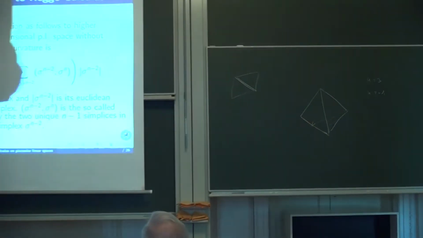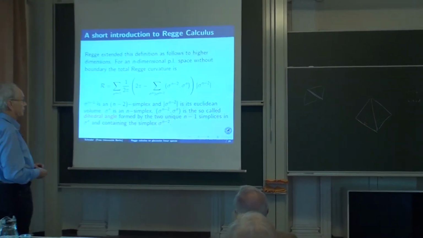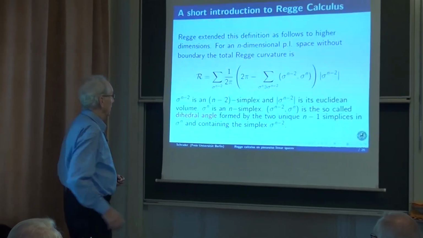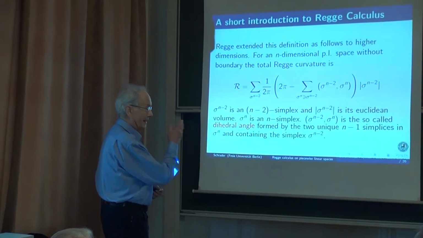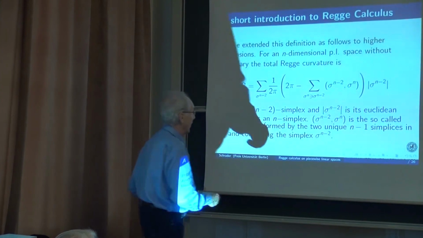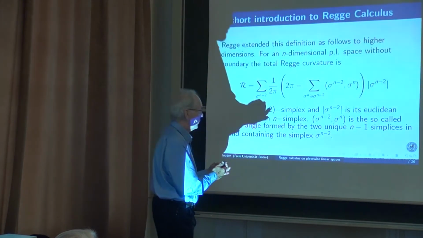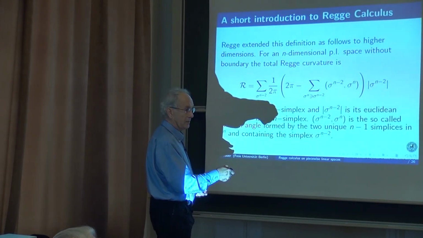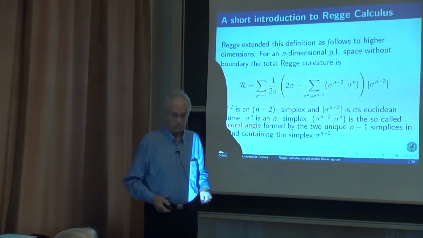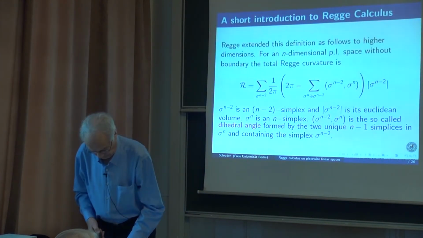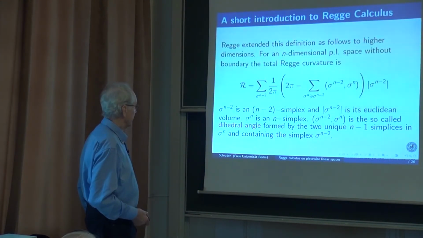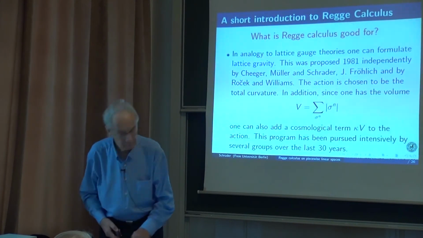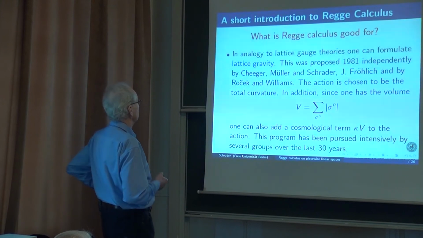And then you get the dihedral angle. So that's the definition. It looks inconspicuous, but it has a lot of geometry. And I forgot to say, this thing is, of course, the volume. Because it's a Euclidean simplex, you can calculate the volume. That's the definition.